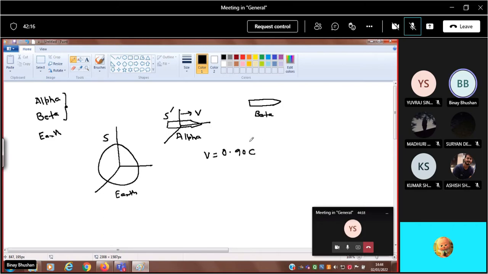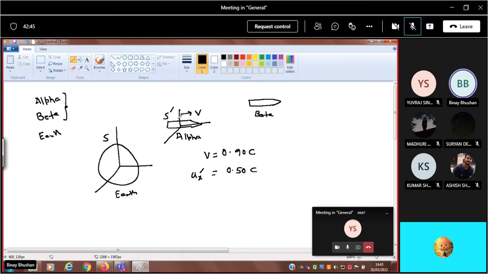Next line is, if a spacecraft Beta is to pass Alpha at a relative speed, that means the speed of Beta with respect to Alpha, that is given. That is 0.50 c. So what is this in terms of our notation? This is ux prime, velocity of something with respect to S prime.